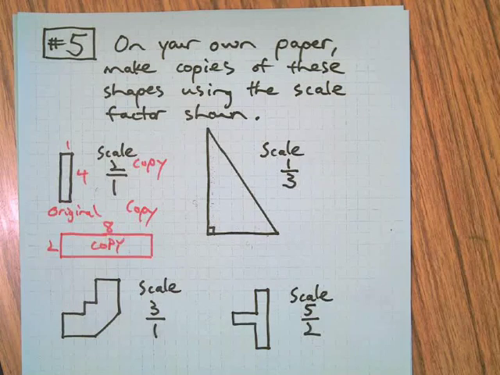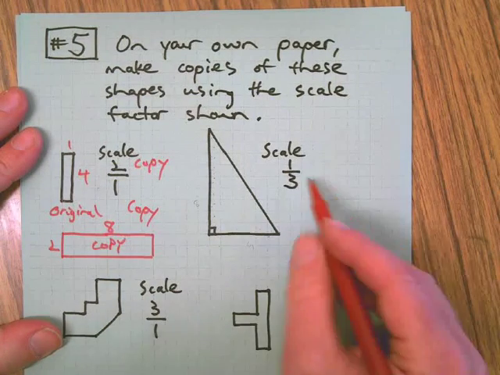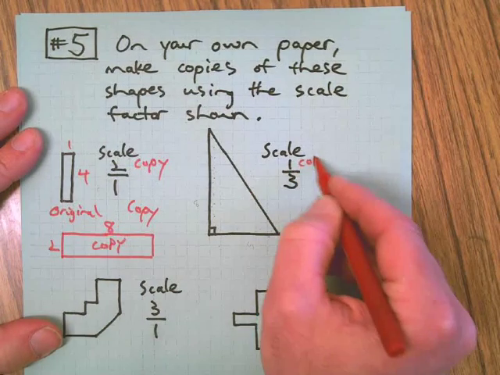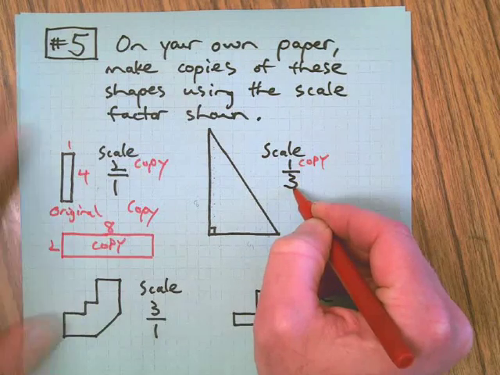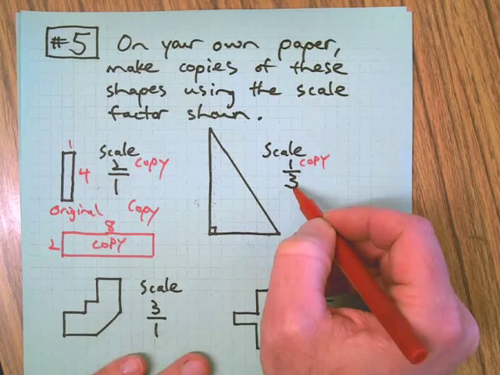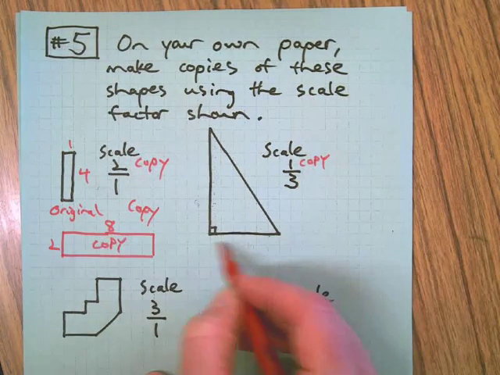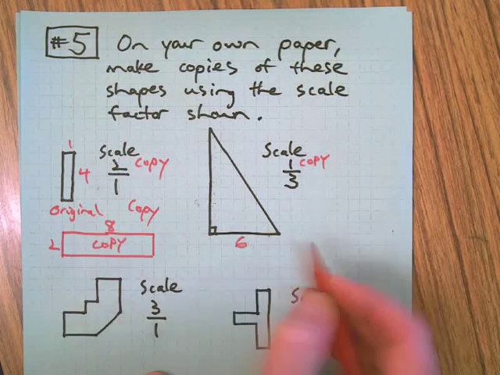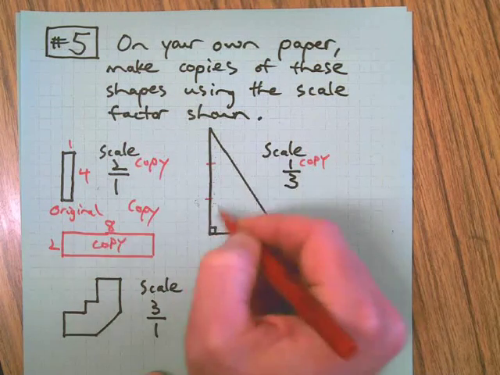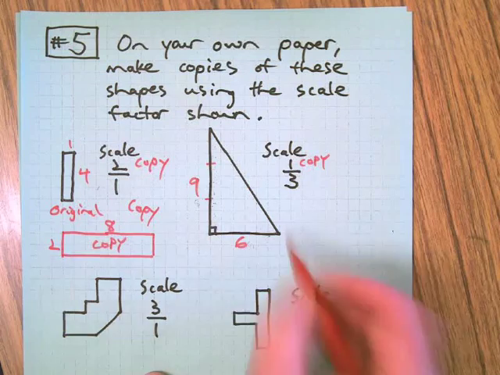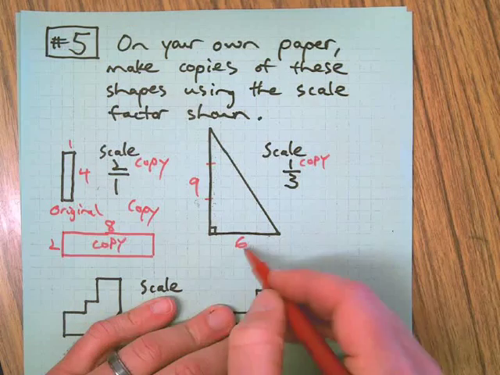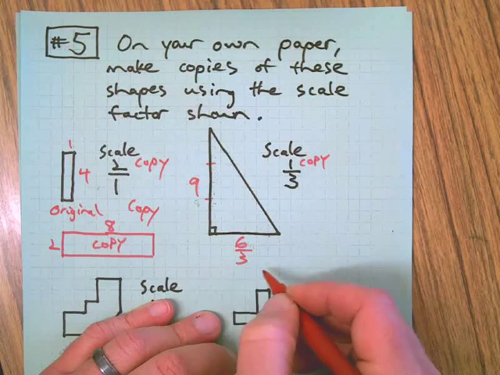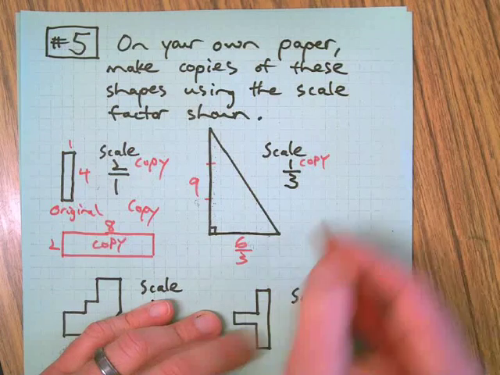So here we go. Next one is a right triangle, and my copy is going to be smaller than the original, right? Because 1 is smaller than 3. In fact, it's going to be 1/3. So here I have 1, 2, 3, 4, 5, 6, and this one is 3, 6, 9. So we take 6 divided by 3, and that's going to give us a 2.